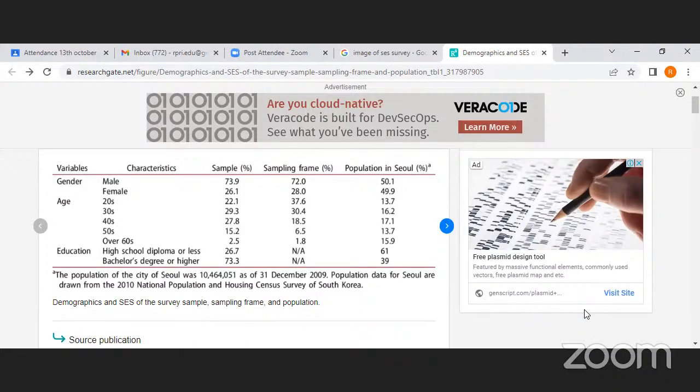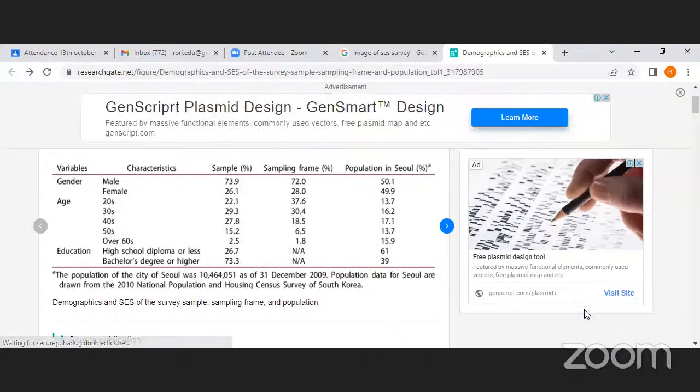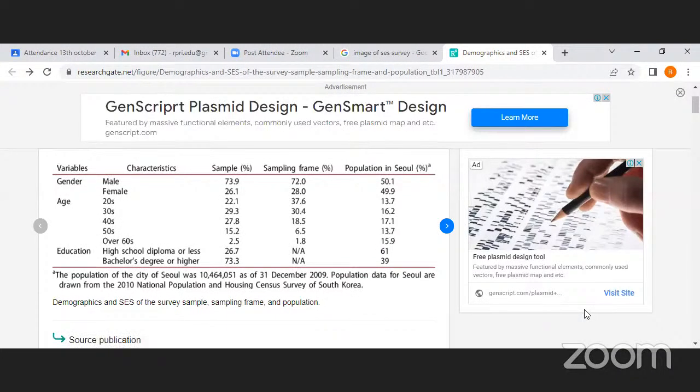Now, you will find three things here: sample, sampling frame, and population in the city.